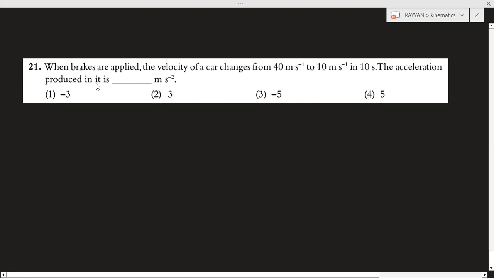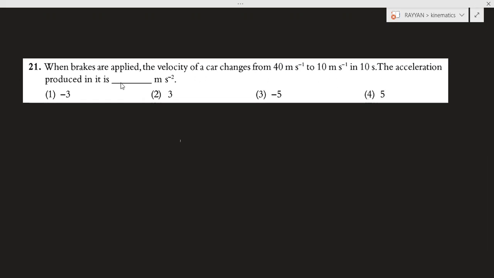What is the acceleration produced in it? When the car is running and suddenly you apply the brake, in 10 seconds the speed is reduced to 10 meter per second from 40 meter per second. Then what will be the acceleration? Just try to find out by yourself.